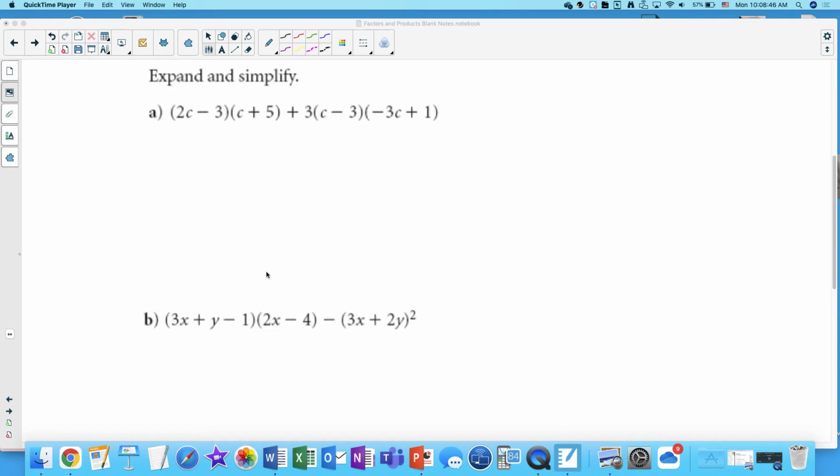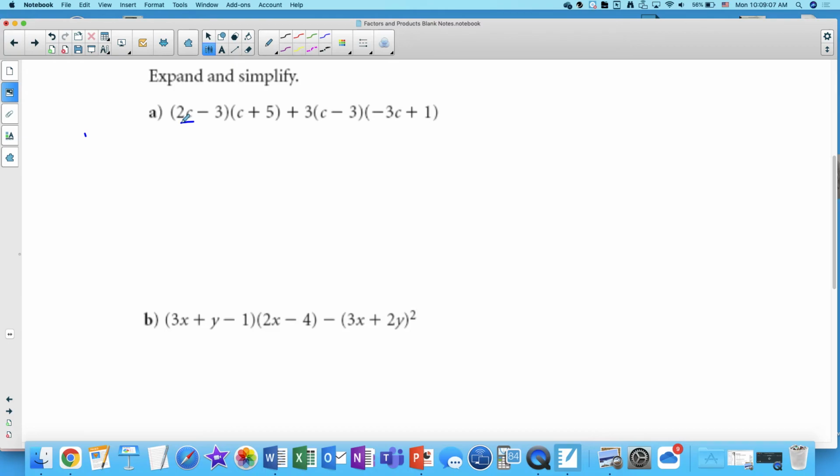What math operation? Add, subtract, multiply, divide. Multiply. So this is multiply.